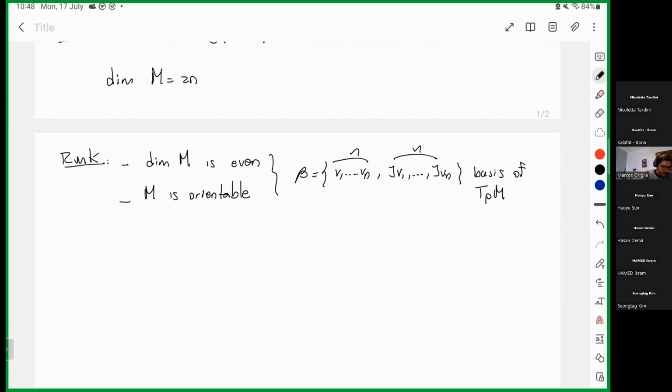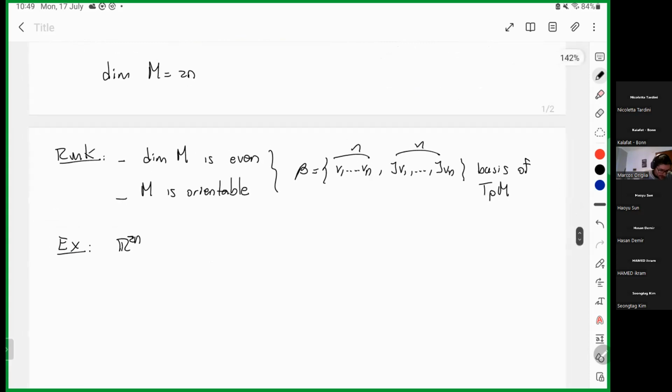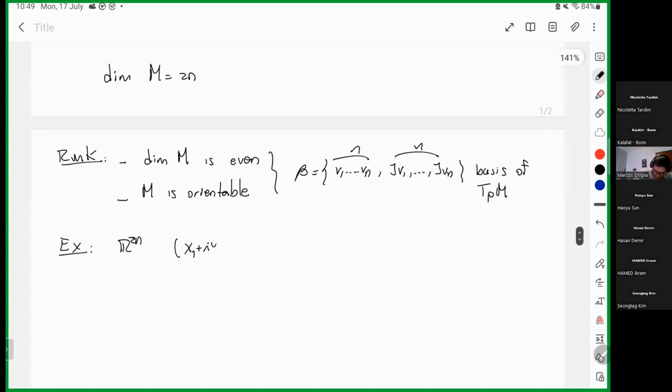Okay, so let me explain with more details our first example. So we have R^{2n}. So let's take coordinates x_k, y_k, k from 1 until n.